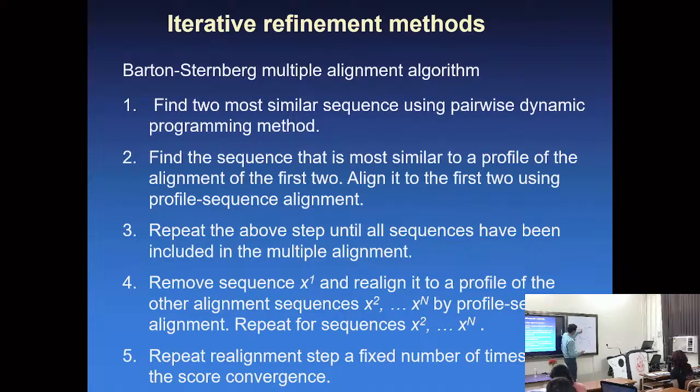So when you come here, you have this column where you have residues aligned against each other in this group, but here there are gaps. This is how the two groups are getting aligned.